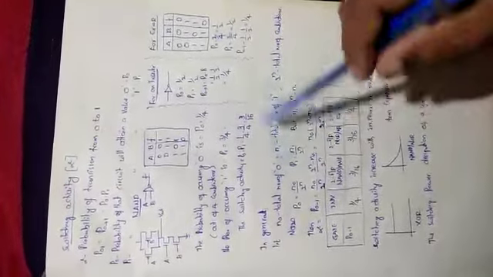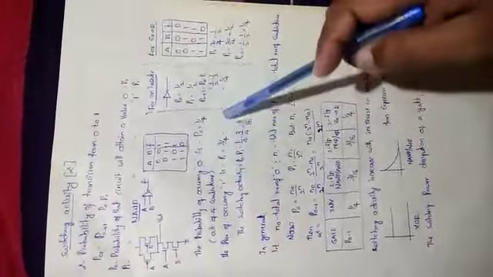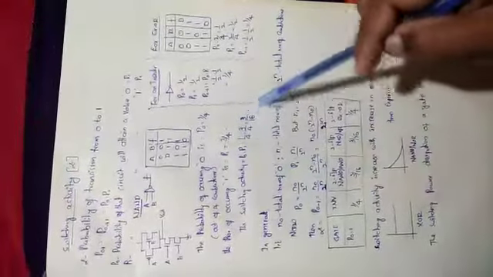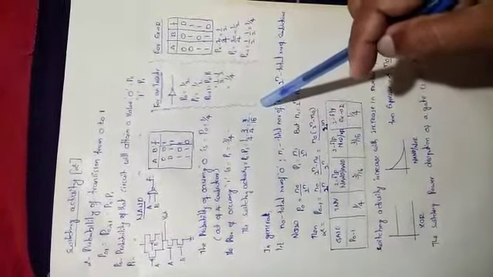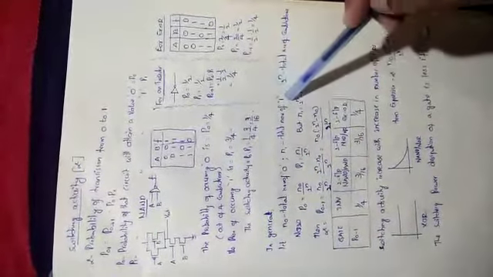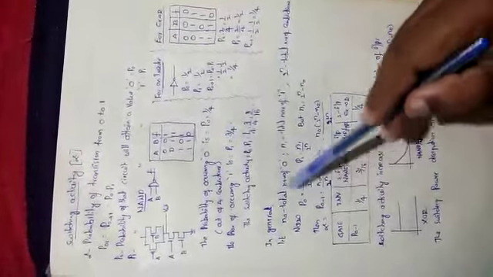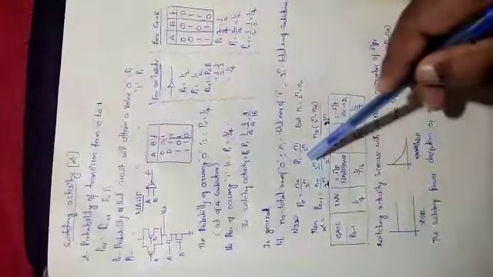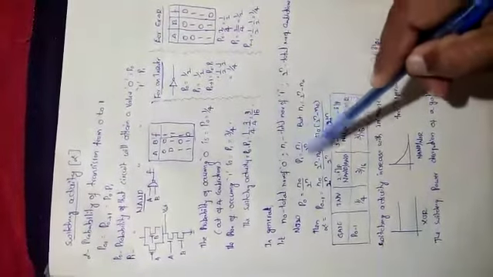Now from this analysis, let us derive the general case. Let the total number of zeros be n0 and the total number of ones be n1, whereas 2 power n is the total number of combinations. Now P0 is equal to n0 divided by 2 power n, and P1 is n1 divided by 2 power n.